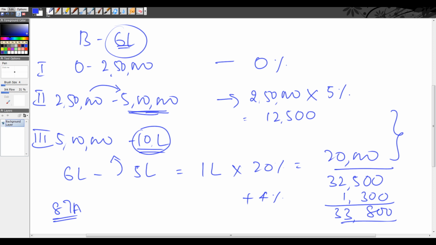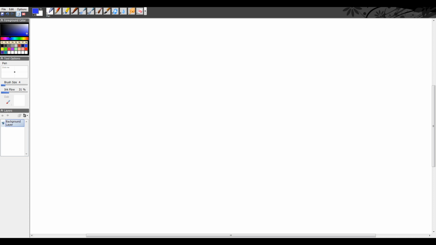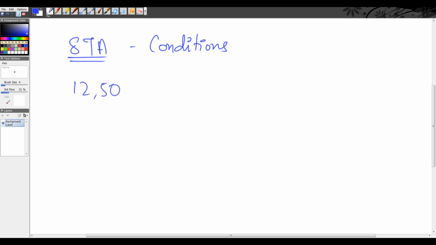Let me just quickly move to 87A rebate. This 87A rebate is an interesting rebate which we have now, but it comes with a few conditions. Unless those conditions are satisfied, you cannot avail the rebate of 87A. 87A says you will get a rebate of 12,500 from the tax which you are supposed to pay.